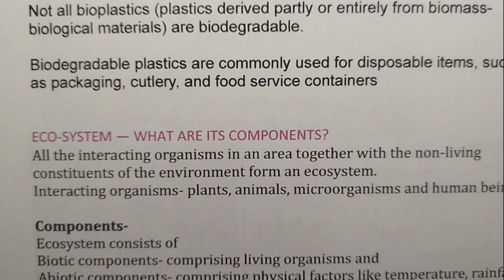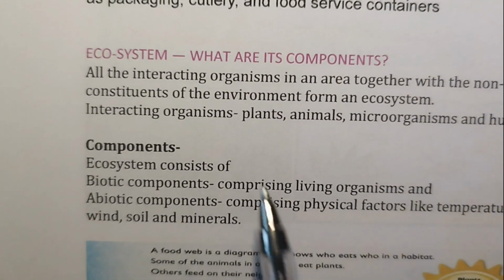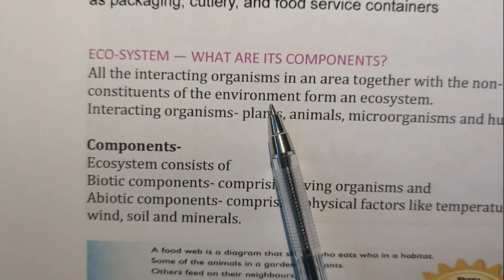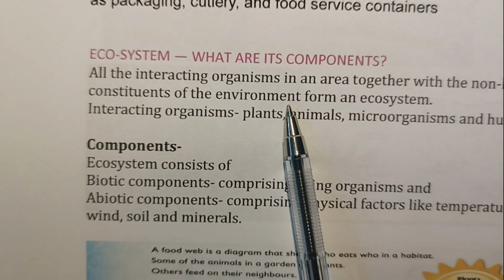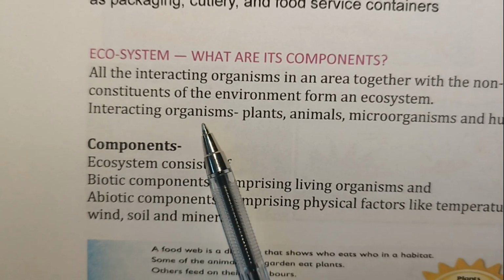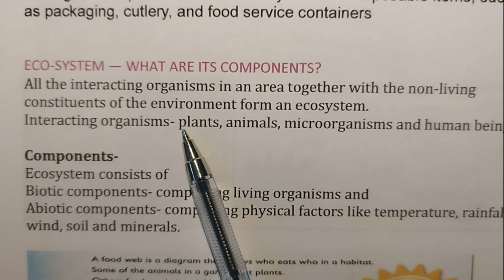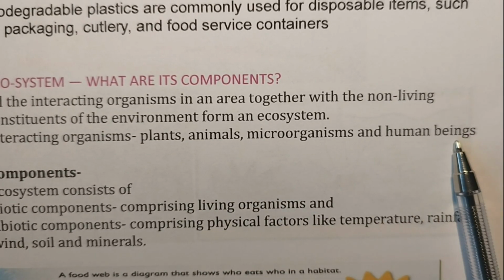So an ecosystem is made up of two components: the non-living constituents of the environment, and the living organisms that live in that environment. These are plants, animals, microorganisms, and human beings.